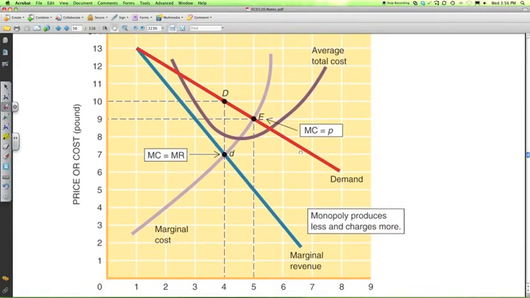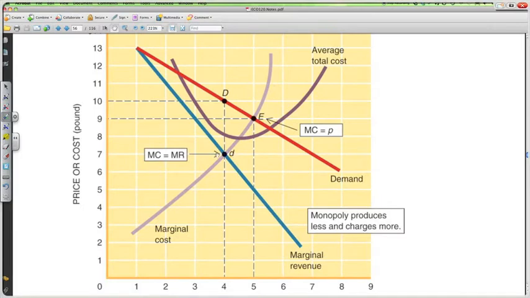Now, there are barriers to entry. So that means that the monopoly does something that prevents any competition from entering the market, so that monopoly stays a single producer. And the idea here is that for a monopoly, we would choose this point here because we have marginal revenue, marginal cost, and at this point, our marginal cost equals marginal revenue.